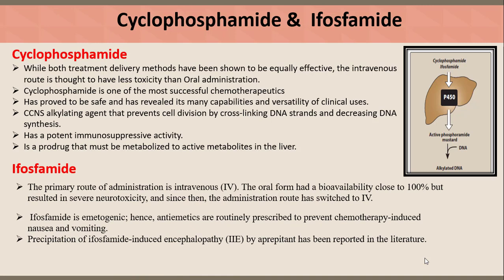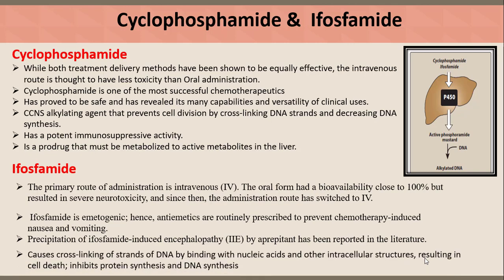Ifosfamide is emetogenic, hence anti-emetics are routinely prescribed to prevent chemotherapy-induced nausea and vomiting. Precipitation of ifosfamide-induced encephalopathy by aprepitant has been reported in the literature. Ifosfamide causes cross-linking of strands of DNA by binding the nucleic acids and other intracellular structures, resulting in cell death, and inhibits protein synthesis and DNA synthesis.